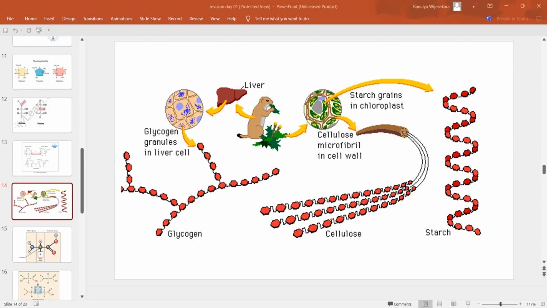Next point. Glycosidic bond is formed by removal of a water molecule from two adjacent monosaccharides by a condensation reaction. Next point. Water molecule is formed from OH group of one monosaccharide molecule and hydrogen from adjoining monosaccharide molecule.